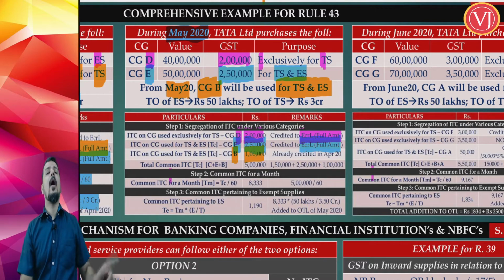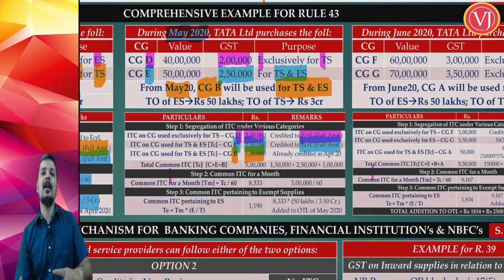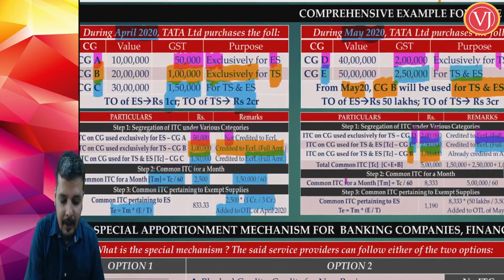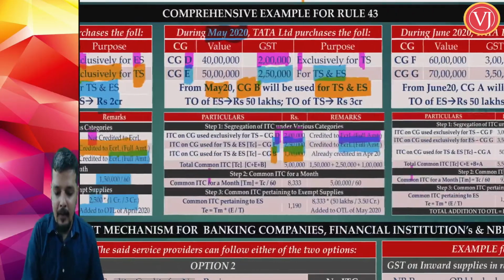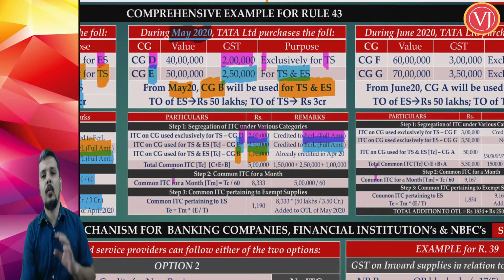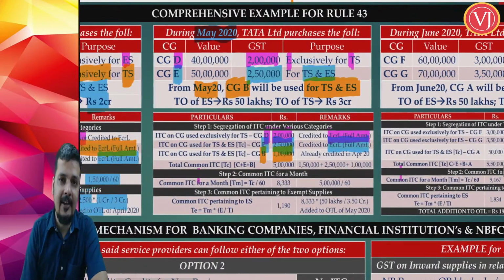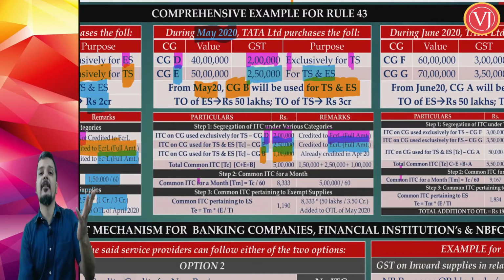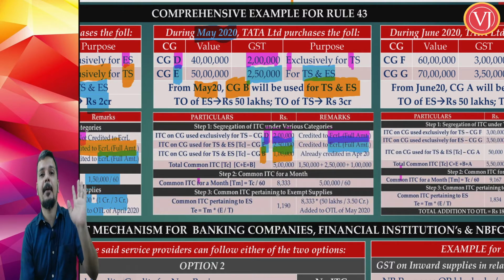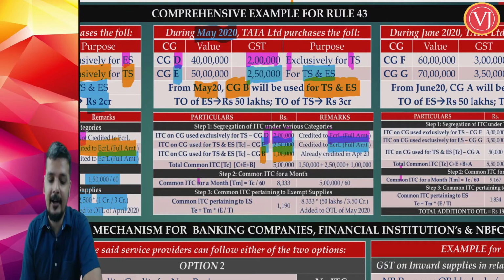No. Why? Simple reason. For capital goods B, the entire 1 lakh credit you have already enjoyed in the month of April. Now it is already credited, therefore nothing will happen in the credit ledger in May. Reversal will be coming, but nothing will happen in credit ledger.